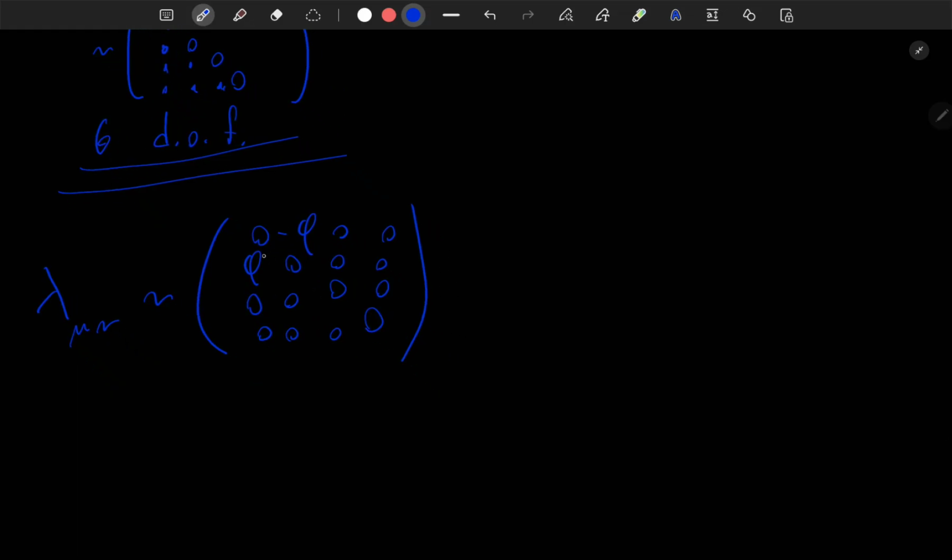Well, this is mixing between the 1 and 0 components if it acts on the 4-vector x mu. So that is a boost in the x1 direction. Very good, that's what we want.